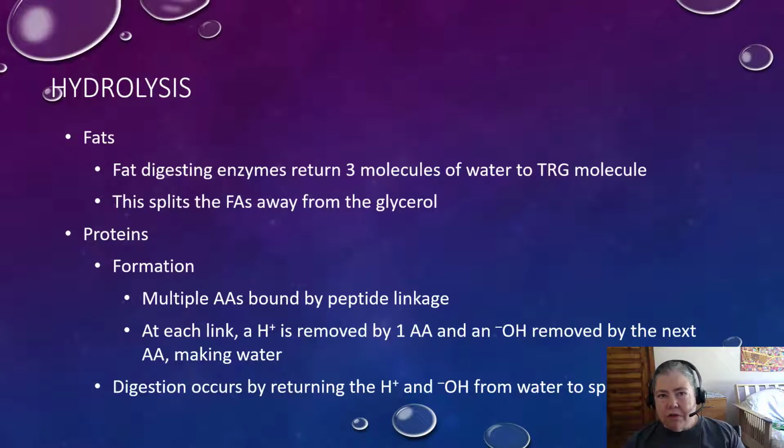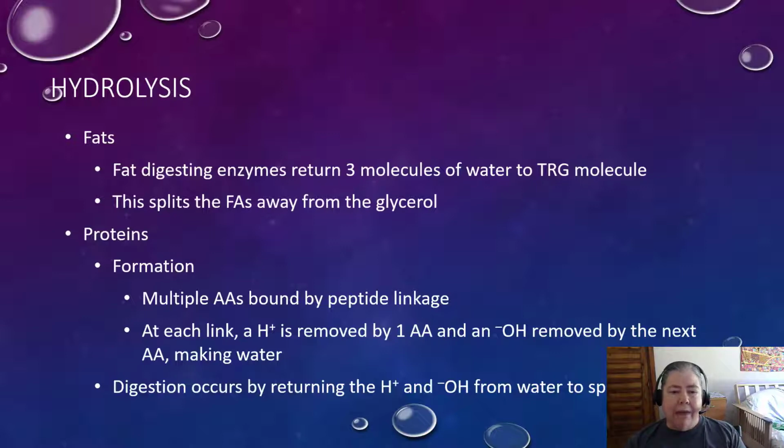Hydrolysis is also involved in the digestion of fats. So there are lipases, or fat digesting enzymes, that take a triglyceride molecule, add 3 molecules of water, splitting the fatty acids away from the glycerol.